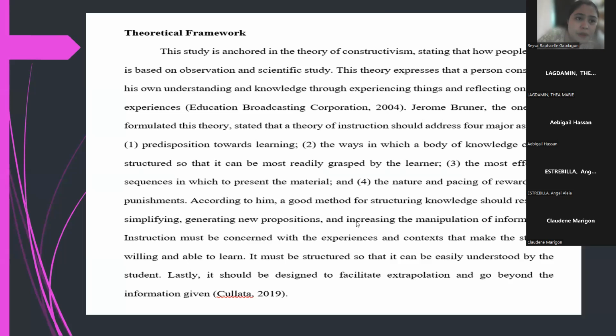Now, how about for experimental research? Sa experimental research, you may include here scientific laws or theories also, depending on your research topic. Or kung example, your study is about antibacterial agent or antibacterial activity of a certain plant. What you need to explain here in the theoretical framework is bakit nyo na-consider yung plant na yun as antibacterial?